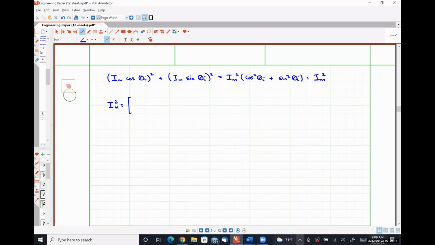Im cosine theta I squared just looks like r squared Vm squared over (r squared plus omega squared L squared) quantity squared, plus Im sine squared is just going to be omega squared L squared Vm squared over (r squared plus omega squared L squared) squared.